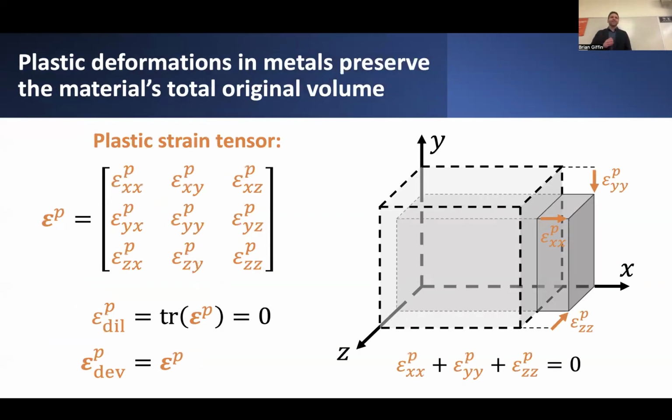And I also want to point out that the plastic strain tensor, again, itself could contain a full array of different values that might have axial components of plastic strain as well as shear components of plastic strain that could show up. However, I do want to point out that there are some physical constraints that are typically imposed on the nature of this plastic strain tensor when we go into this context of multiaxial plasticity.